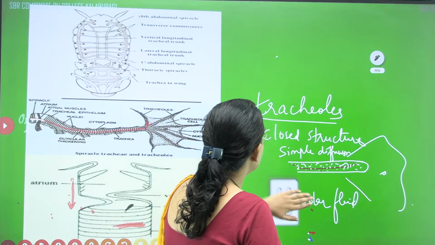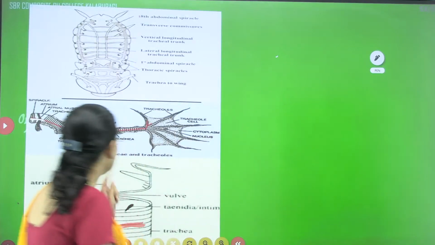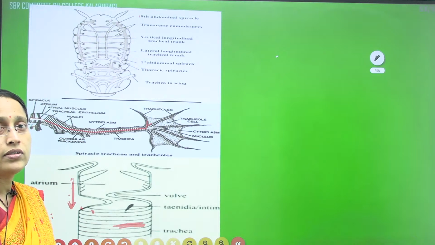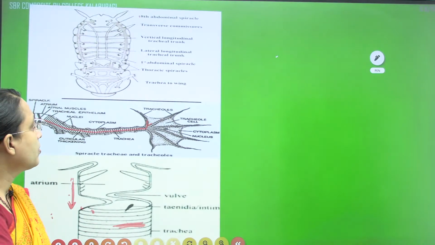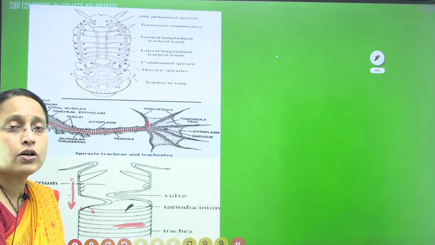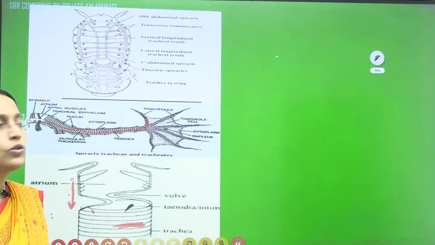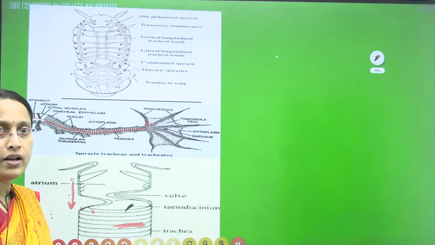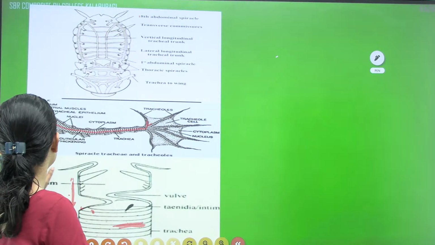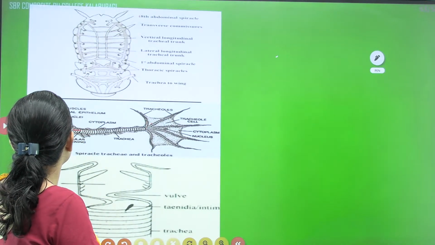So that is what the respiratory system of the cockroach is about, where air is delivered to the cells through diffusion through a fluid called tracheolar fluid. So this was about the respiratory system of the cockroach.